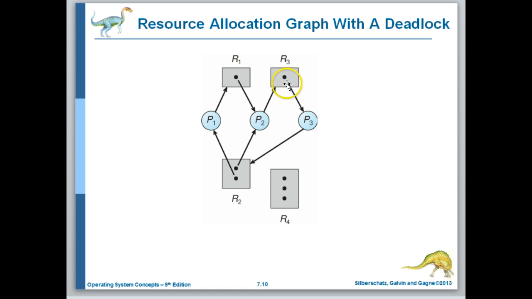But notice that we actually have a cycle that goes like this, and that involves all of the processes. So that's the actual cycle illustrating the deadlock, right? Because every process is holding and waiting, and there's no possibility of a resource being released to break the deadlock.